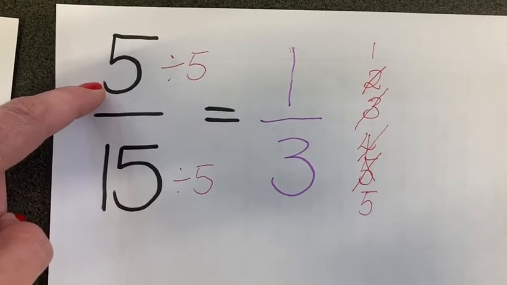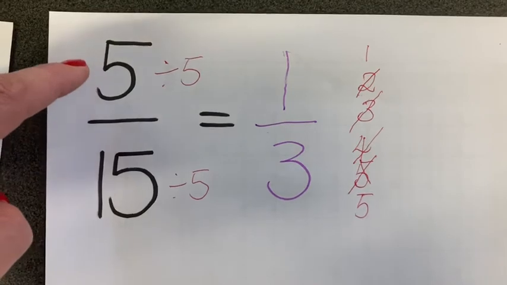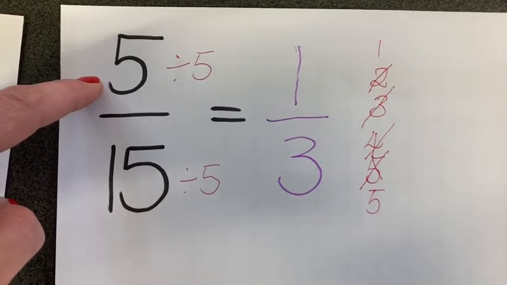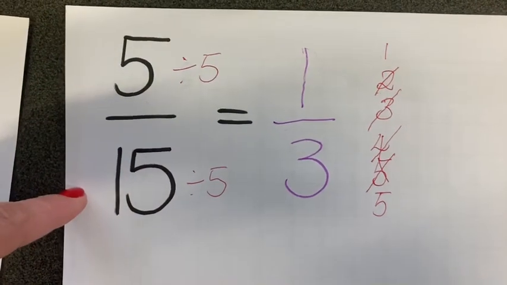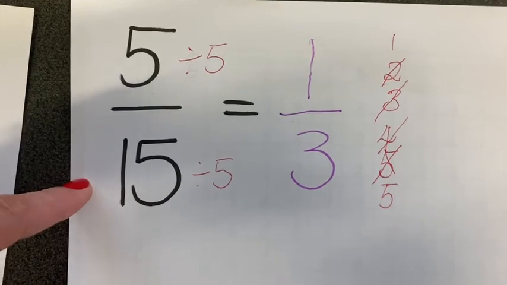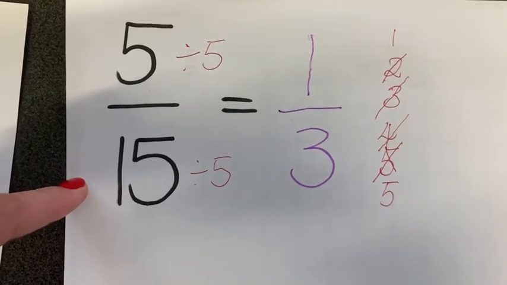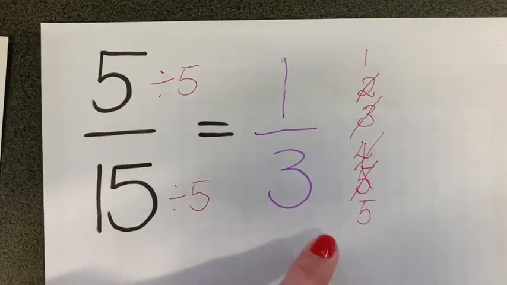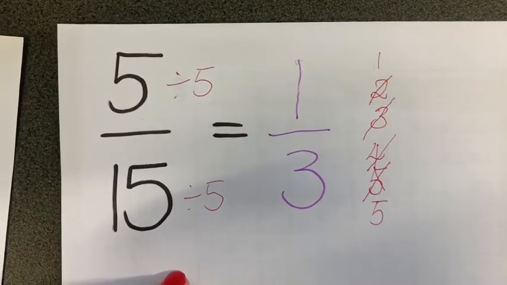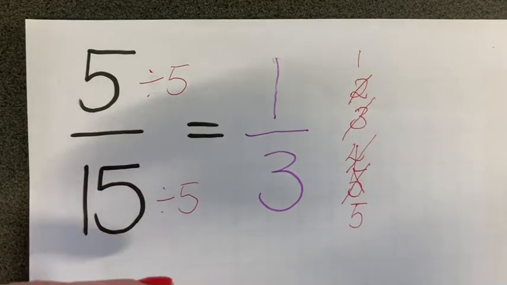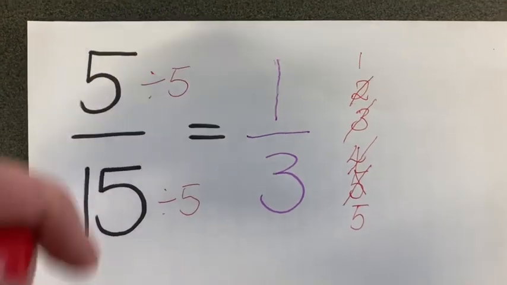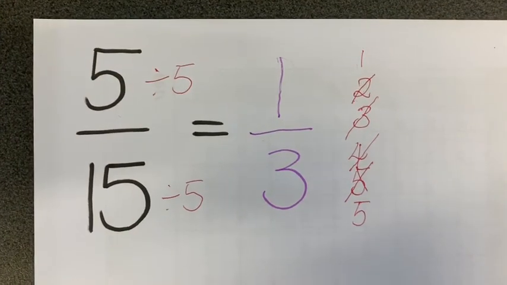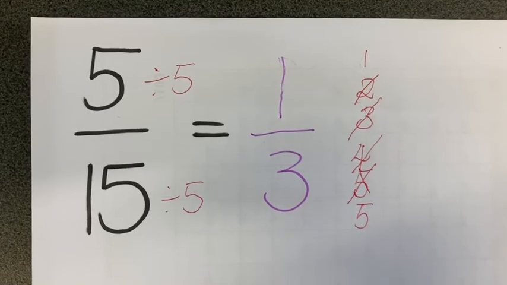When we are working through this, we look at whether the numerator can be divided by the number, and we look at if the denominator can be divided by the number. And we find the number that is the highest that can go into both without any remainders. Then we do the same to the bottom and to the top, and that gives us 1/3.